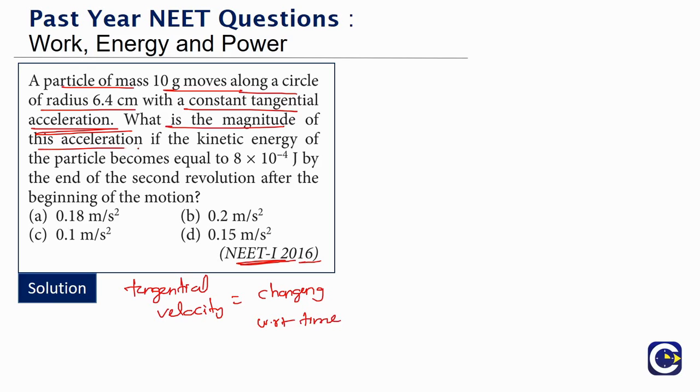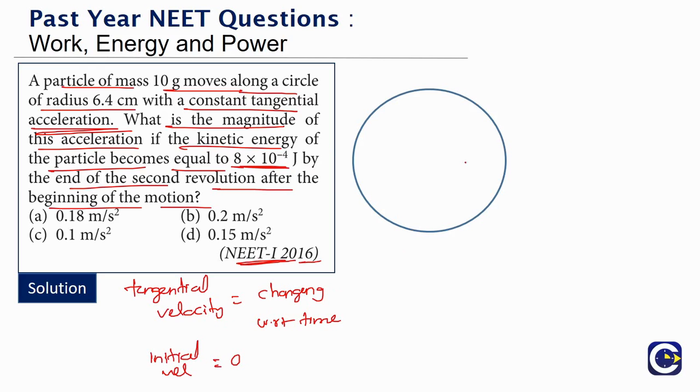What is the magnitude of this acceleration if the kinetic energy of the particle becomes 8 into 10 power minus 4 joules by the end of the second revolution after the beginning of the motion? Beginning means what? Initial velocity is 0.